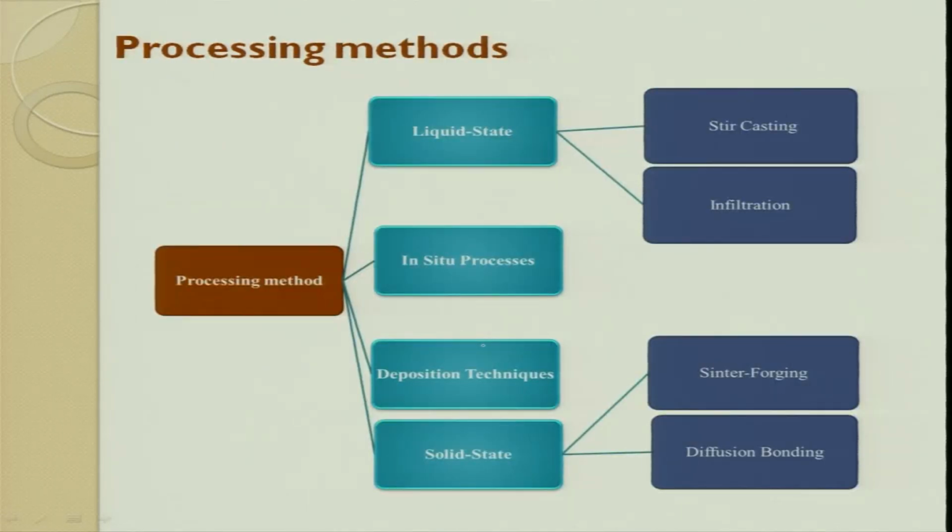For processing methods, we had liquid state, where last class we covered the stir casting method and the infiltration method. Now we will get into solid state, where we will see diffusion bonding and sinter forging.